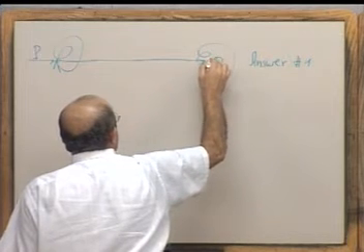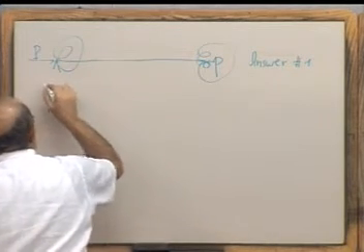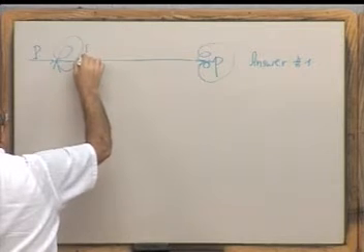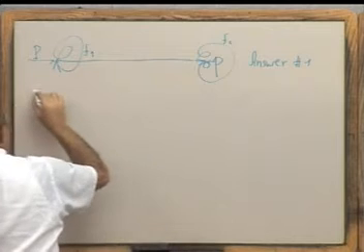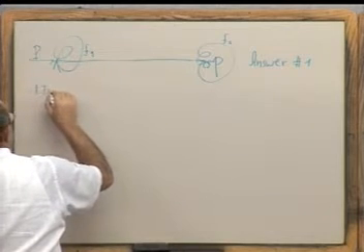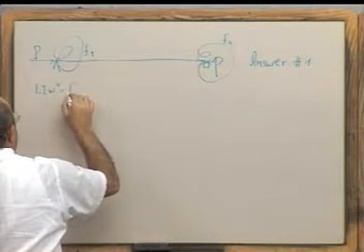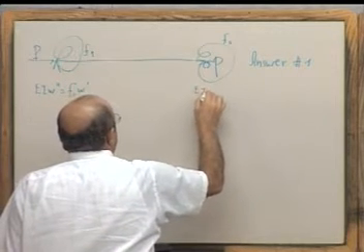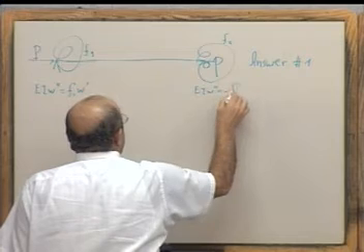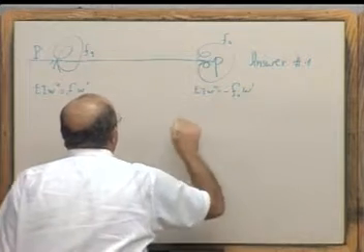Okay, so this is P. And here they introduce spring F1 and here spring F2. And then they get EI W second derivative equals F1 W prime. And here is EI W second derivative equals minus F2 W prime.